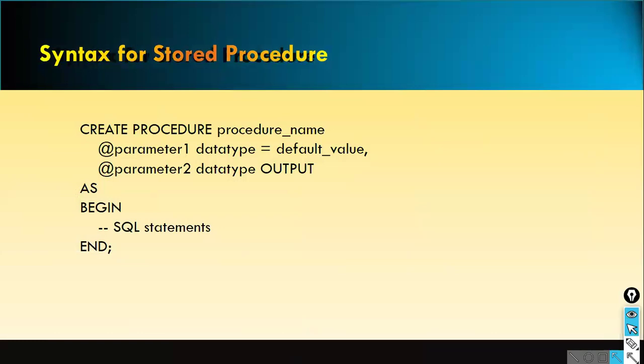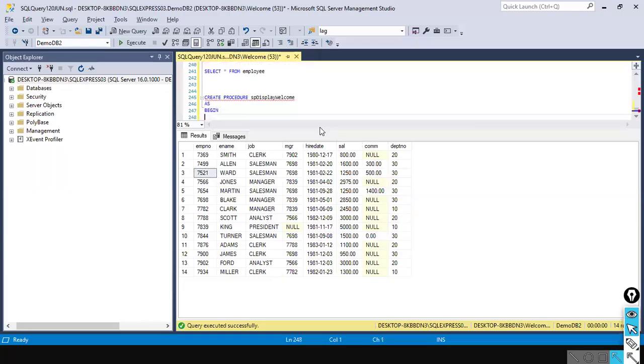Without a parameter also you can create a stored procedure, but it is of no use. Let's just start with a simple one. For that reason, I'm not using any parameter here. Begin, and inside the begin is your body. Here I'm going to say print 'Welcome to the world of SQL Server stored procedure'.